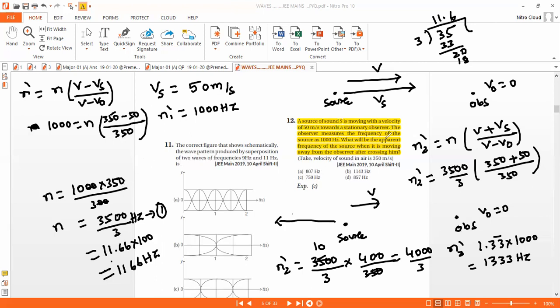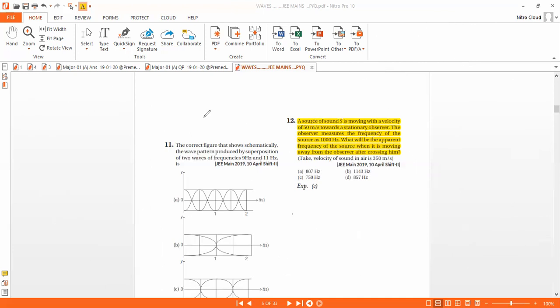The observer measures the frequency of the source as 1000 hertz. One minute. Speed of the sound, it is 350 meter per second. N dash equal to N into V minus Vs by V minus V naught.